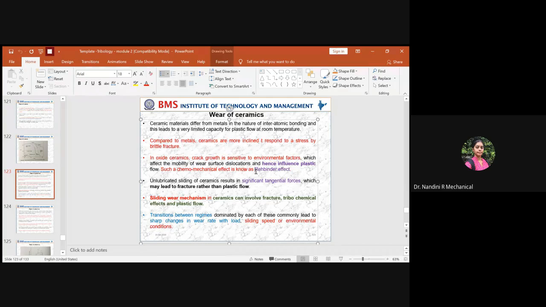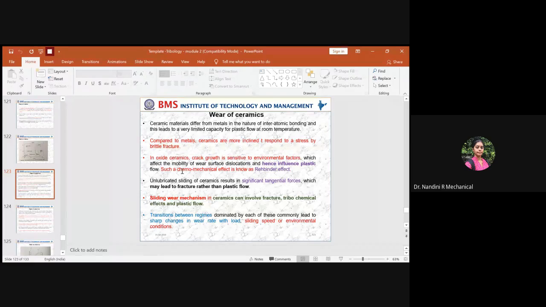So if they ask you what is Rehbinder effect, it is the effect which is caused due to chemical and mechanical combination, because the mechanical effect is subjected to the ceramics due to the applied load or the pressure at the contact area, but with respect to environment it is also very sensitive to it.